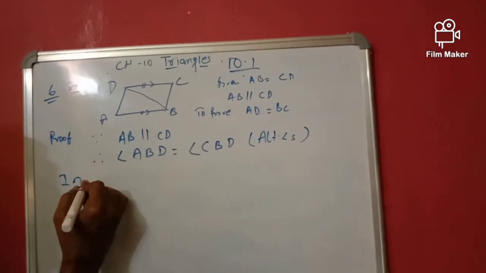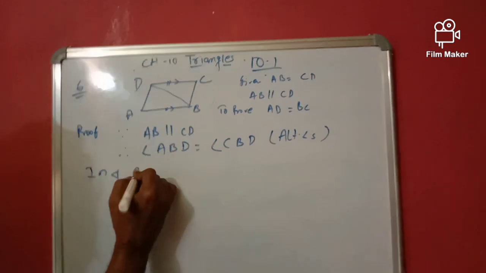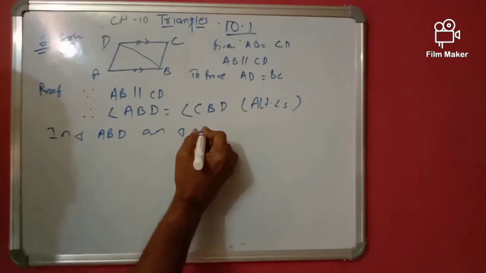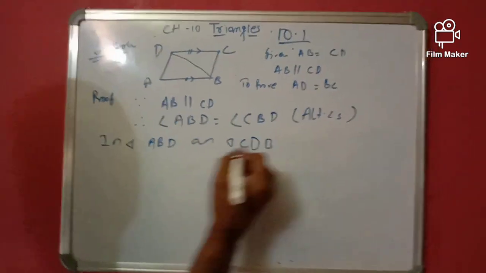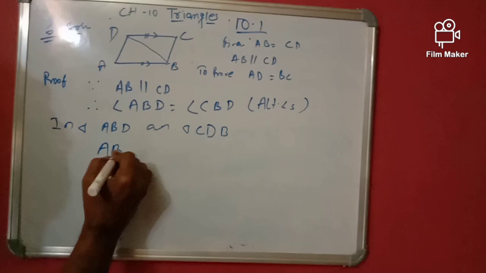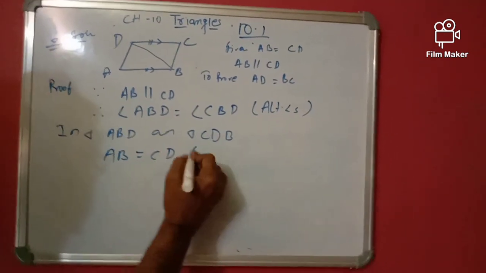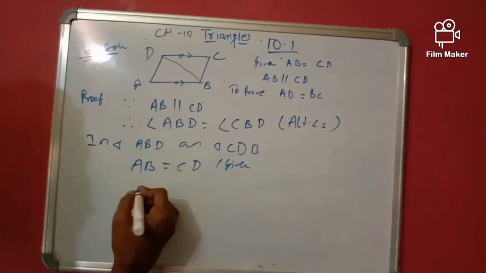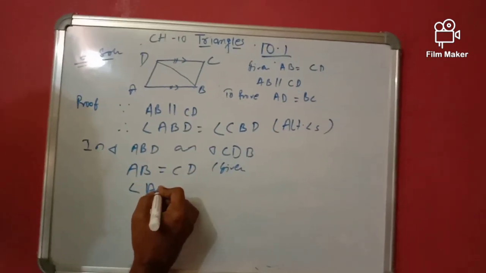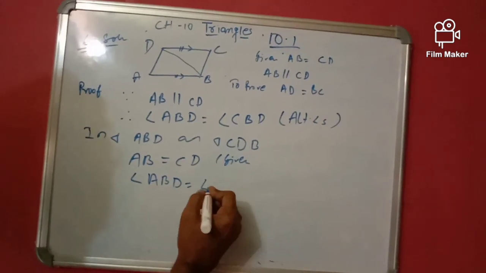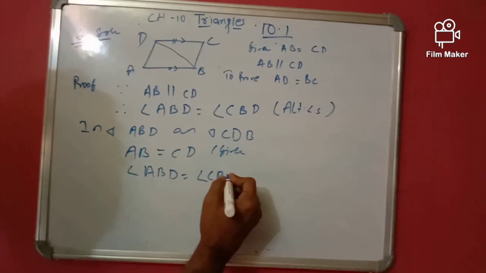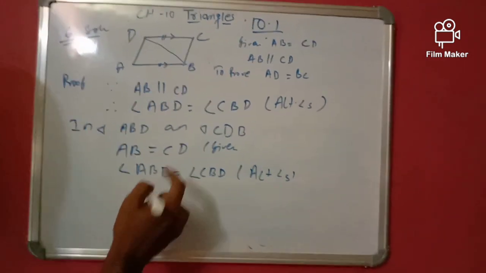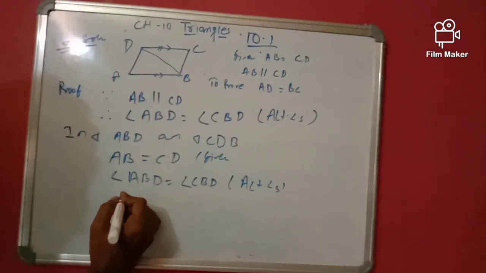Now in triangle ABD and triangle CDB, AB equal to CD, this is given. Angle ABD equal to angle CDB, alternate angles are equal. BD common.